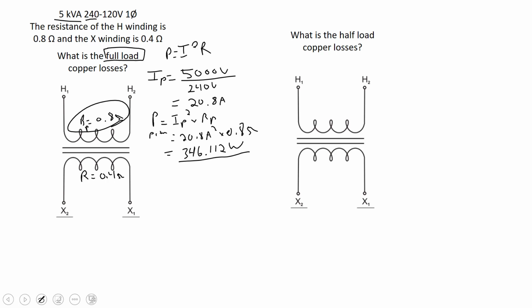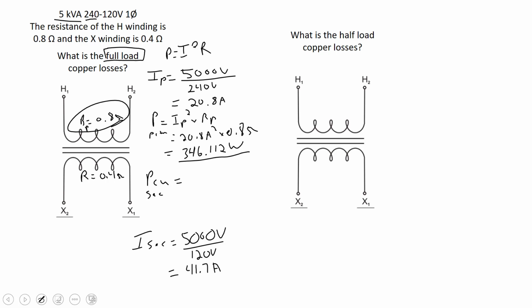And we can look at the secondary now. So the losses on the secondary due to copper losses, so Cu loss. So here we have to figure out the secondary current. So I, the secondary, same thing, 5,000 VA divided by this time 120 volts, and that should come to approximately 41.7 amps.